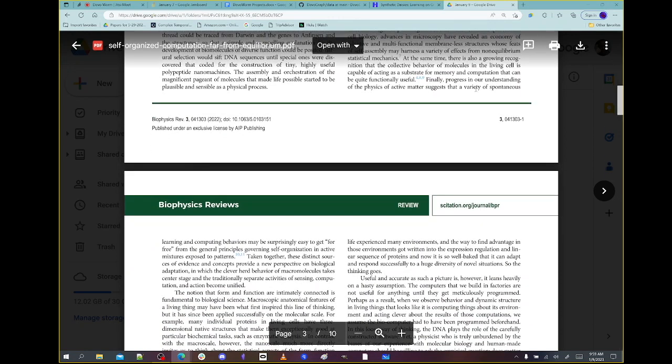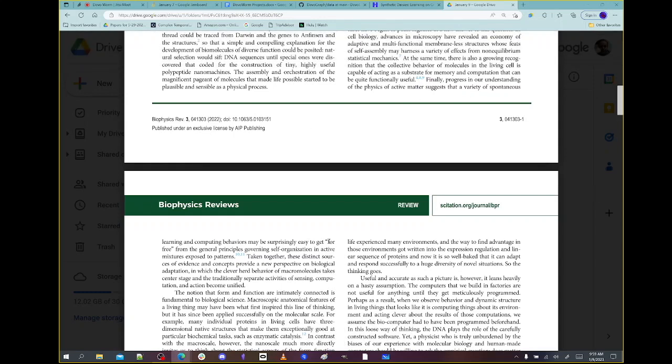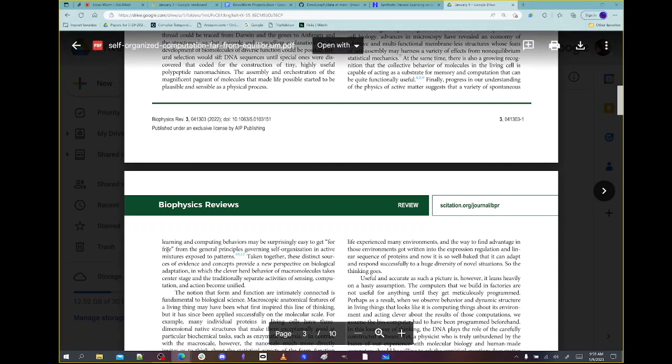And finally, progress in our understanding of the physics of active matter suggests that a variety of spontaneous learning and computing behaviors would be surprisingly easy to get for free, which is a common theme in complexity theory, this idea of order for free.